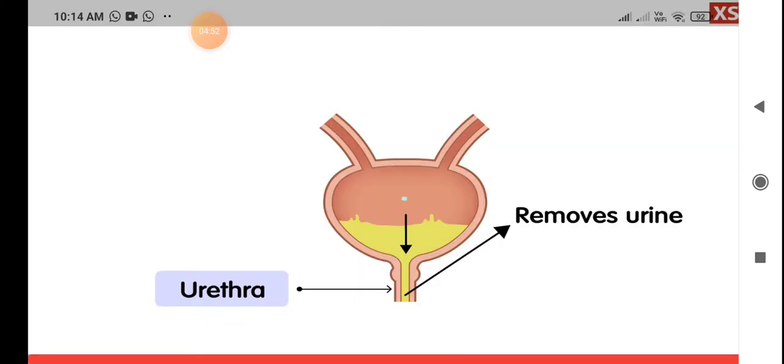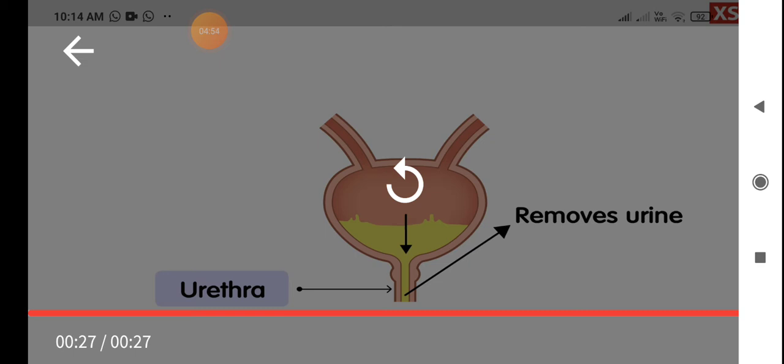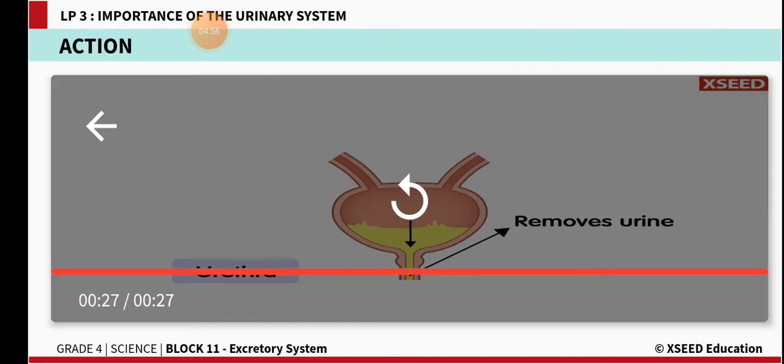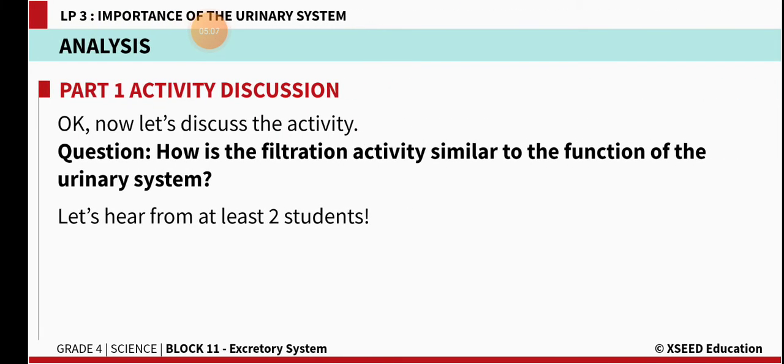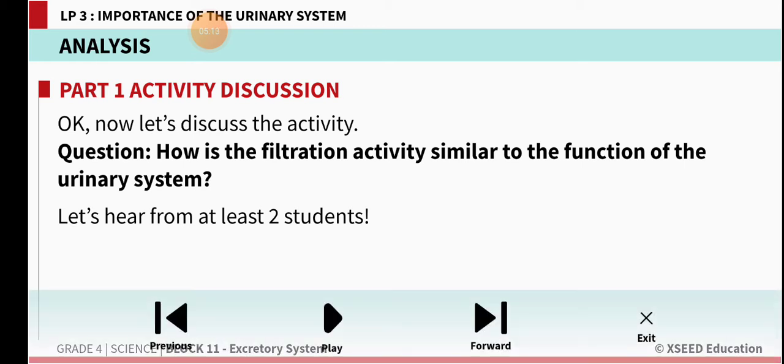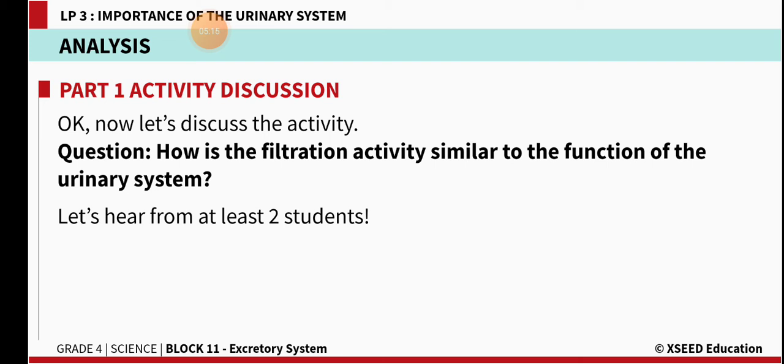Understood? How well did your model help you to understand the function of the urinary system, the function of kidneys and ureters? Now we will discuss according to the activity what you have done. How is the filtration activity similar to the function of the urinary system?